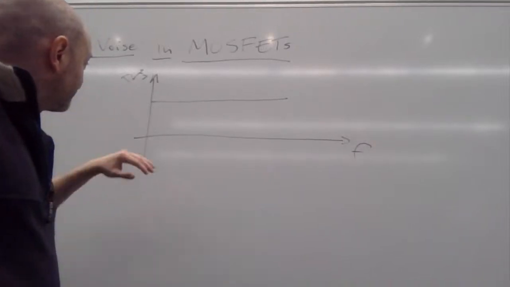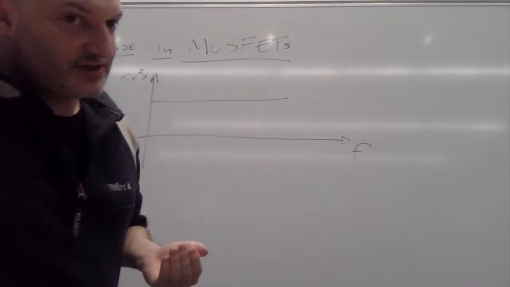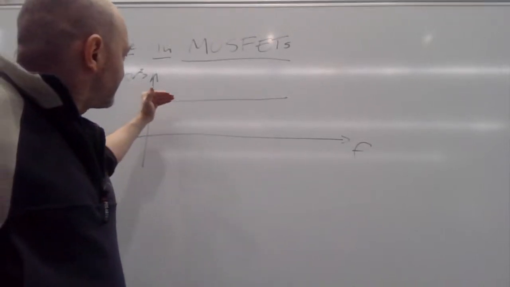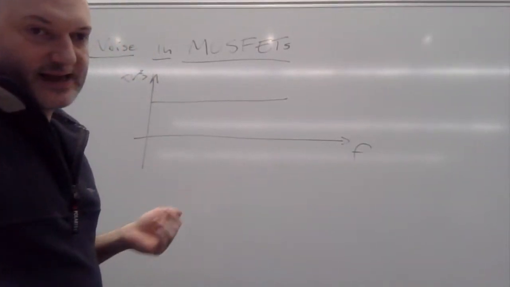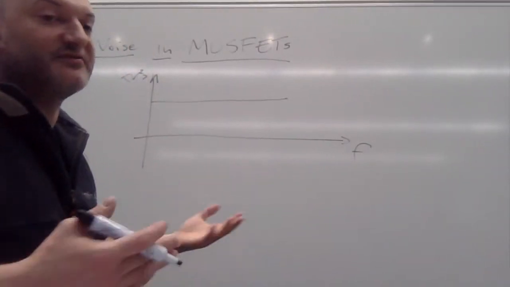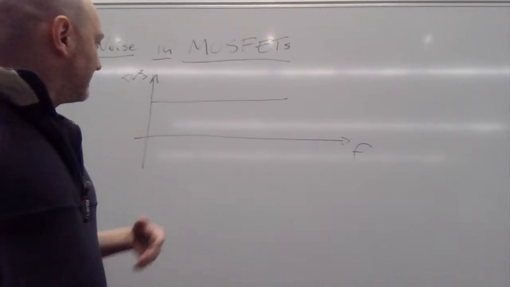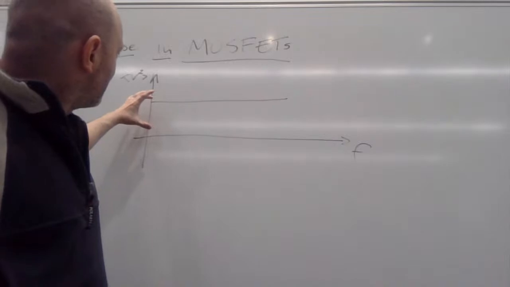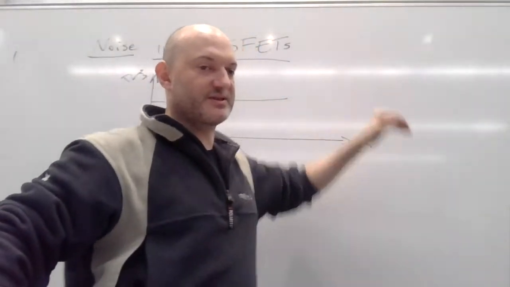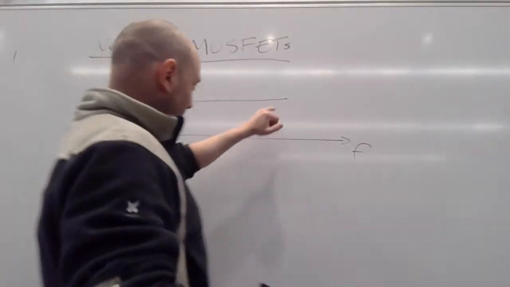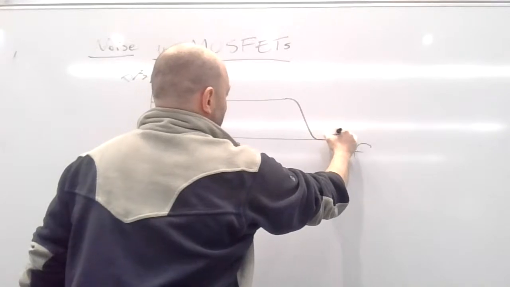Now, a question people immediately ask, and you should ask yourself, is: if this is a constant, then the total power this noise provides to a load is an infinite power. So where does the power come from? In reality, this is not a constant line. As you go to very high frequency, when you get to hundreds of gigahertz, this power spectral density takes off.